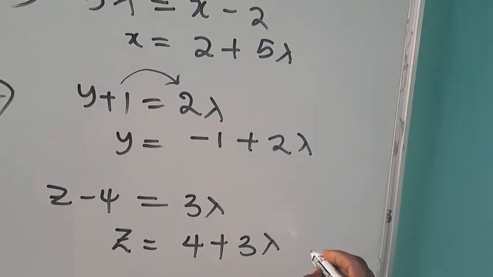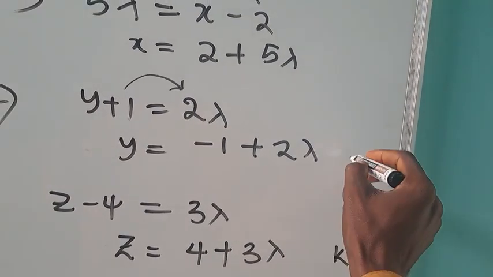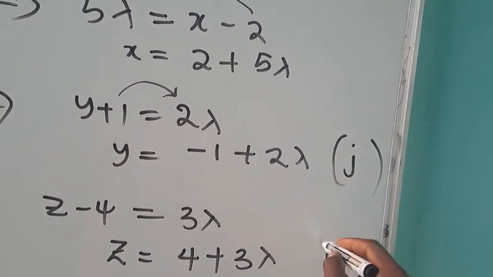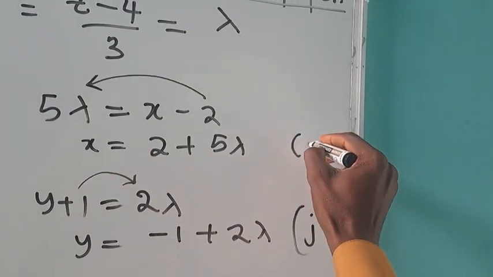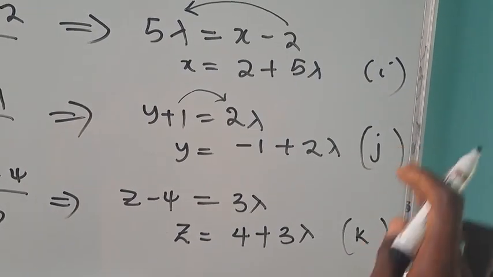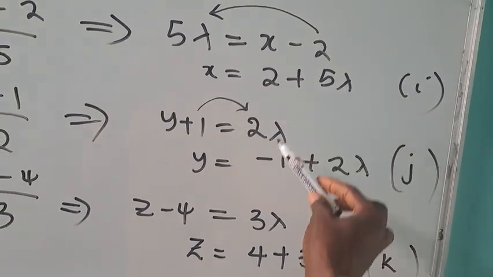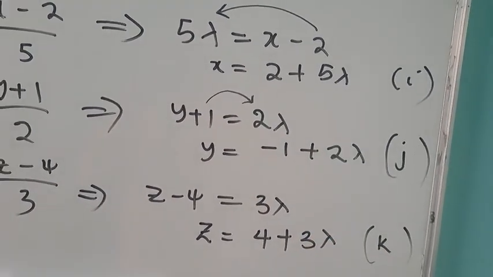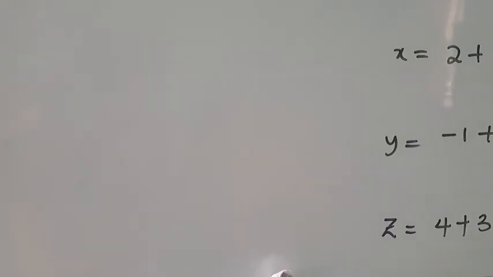Now, remember that this is the k component, this one is the j component, and this one is the i component. What we are going to do is add these components together. They are not the same, remember that.